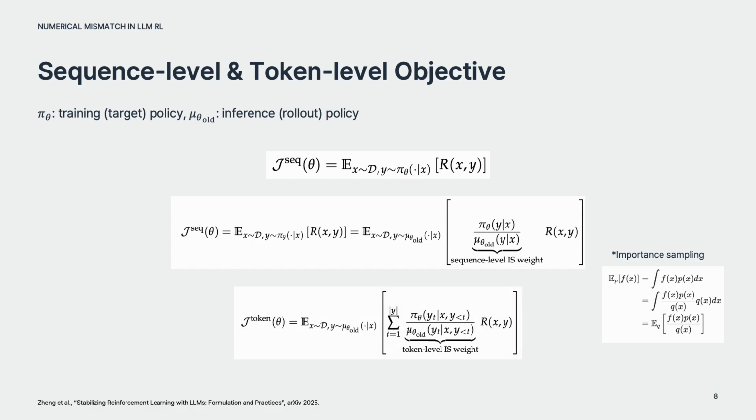Furthermore, for autoregressive language models, we can exploit the chain factorization of the sequence probability and decompose the probability of the full sequence y into a product of token-level probabilities. This allows us to derive a token-level objective.